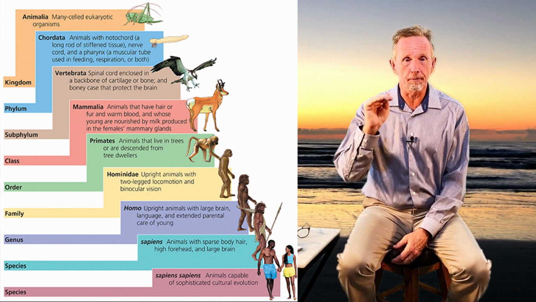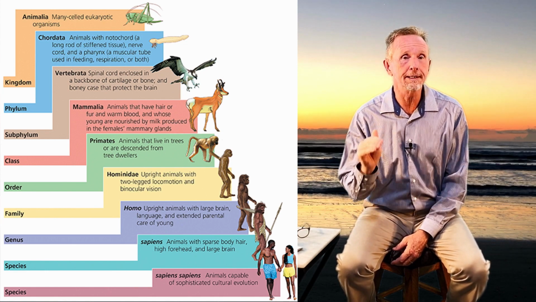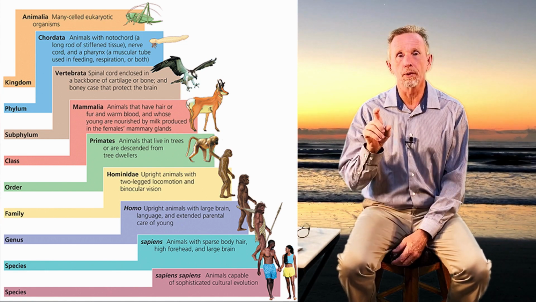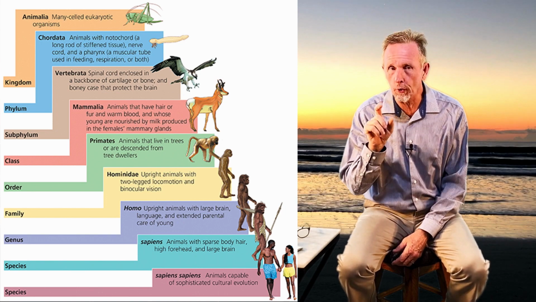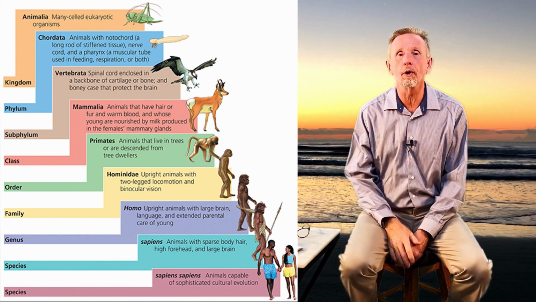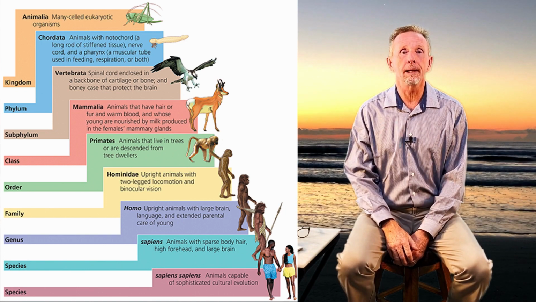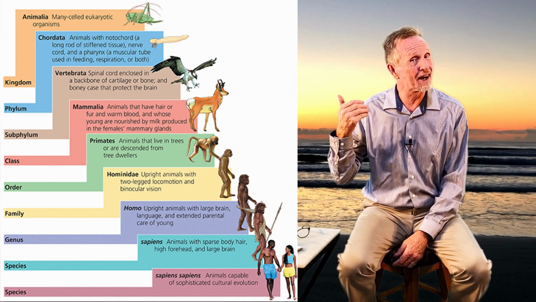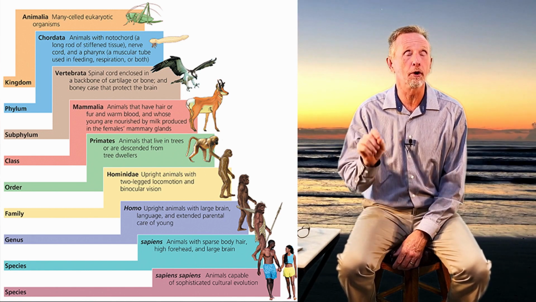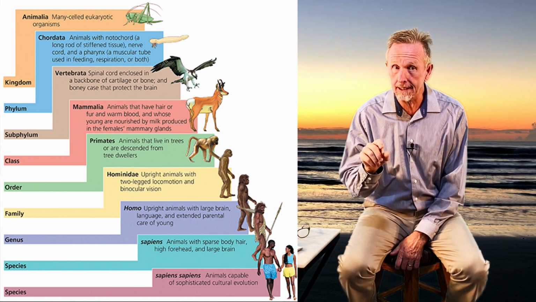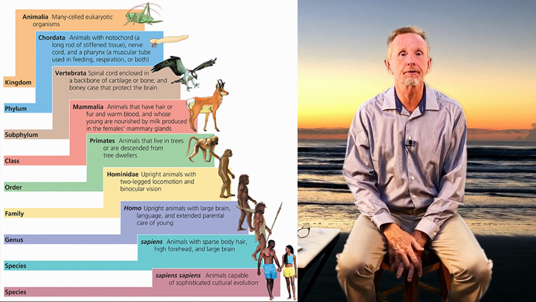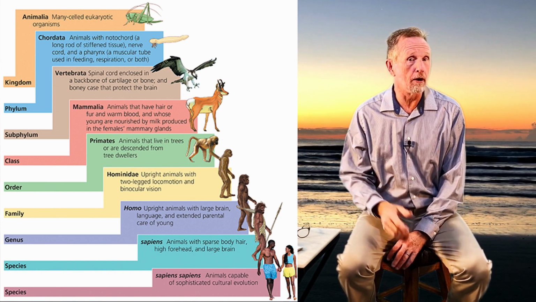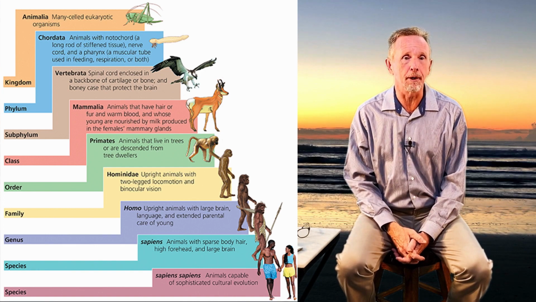Then we break down from kingdom into the phylum, Chordata. These are animals that, when we're born, have a notochord. This notochord is what tends to grow up into our vertebrate backbone. So animals in the Chordata tend to fall into this subphylum of vertebrate. We tend to have backbones.